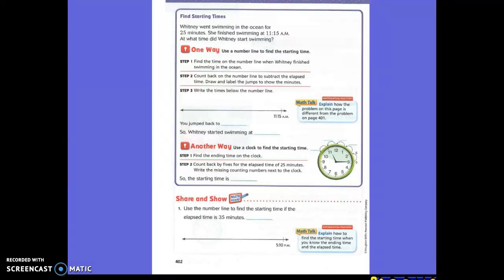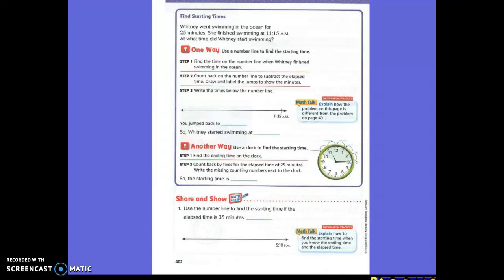All right. Now that was finding the end time, right? Now they're going to give you the end time. Then you're going to have to find the start time. Whitney went swimming in the ocean for 25 minutes. She finished swimming at 11:15 a.m. What time did she start swimming?